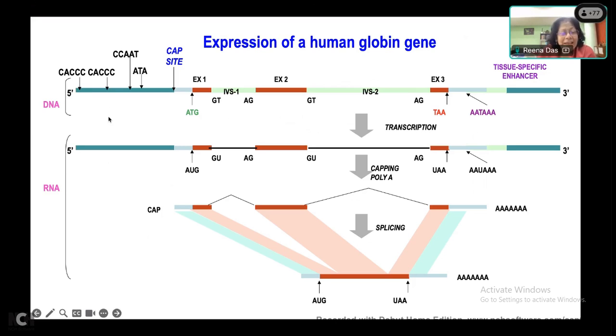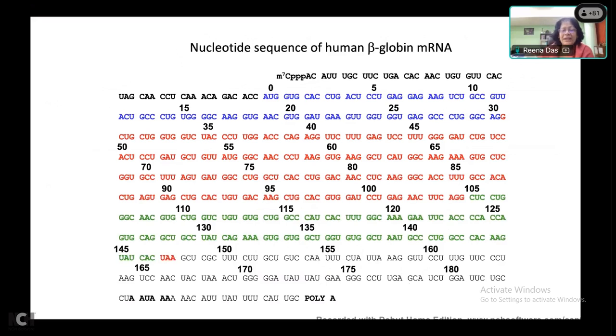And these are sites which are very important, because you have the transcription factors which are going to give the green signal that this is the globin chain which needs to start synthesizing. So then you have the production of this mRNA, and after that you finally get a protein. After the splicing happens and the introns are excluded, you get a sequence like this, which is the 5' untranslated region starting from the cap site.